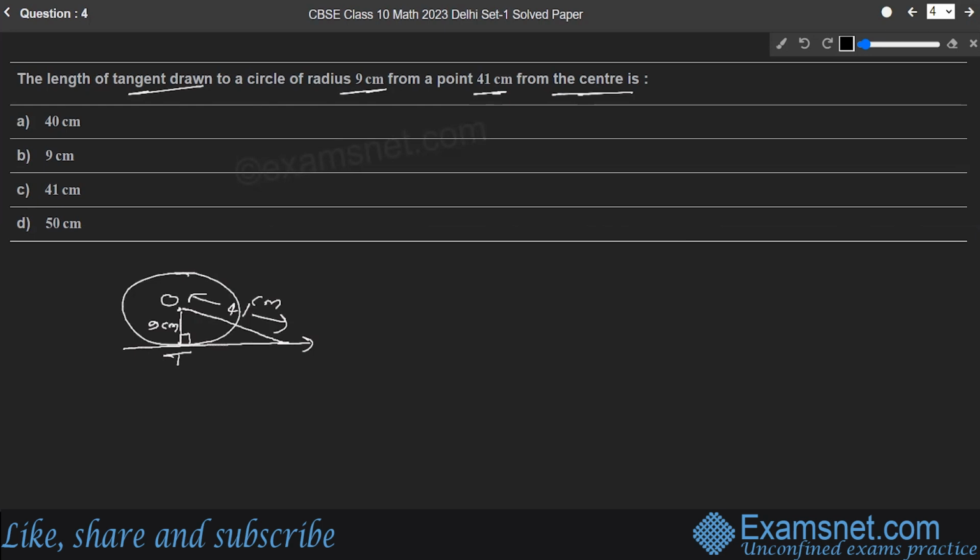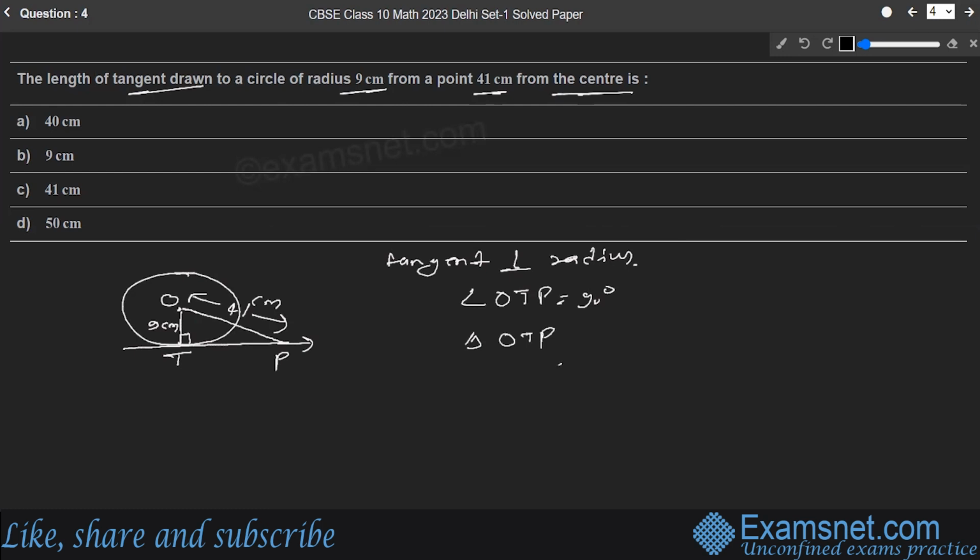This is all the data given. What are we supposed to find out? The length of the tangent. Let us name this point P. We know that a tangent is always perpendicular to the radius, so angle OTP is 90 degrees, and triangle OTP is a right triangle.